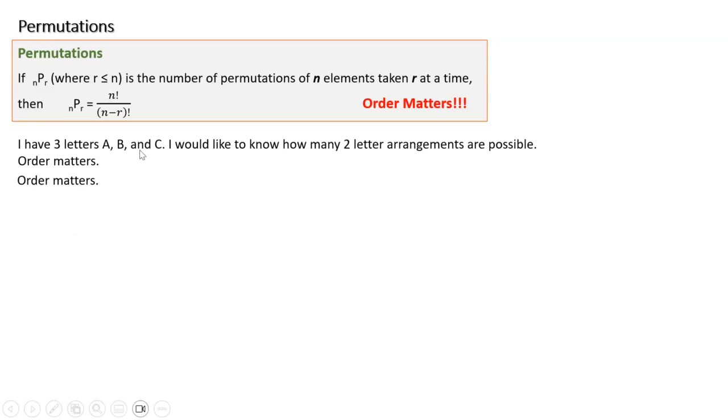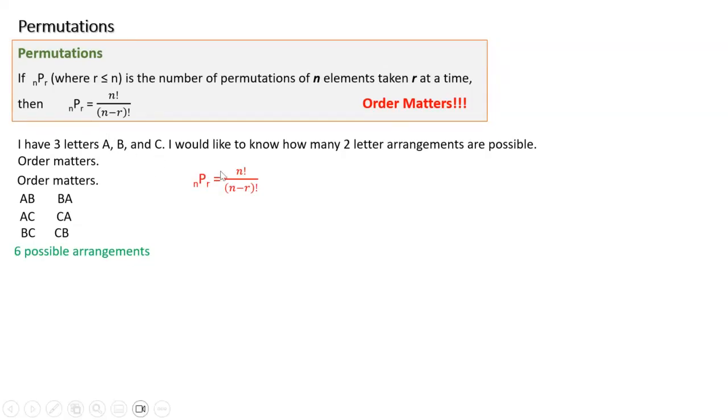So from the 3 letters we have to take 2 at a time. So it can be AB or it can be BA, right? Because here, guys, the order matters. That's why it can be AB and BA. It can be AC or it can be CA. And finally, it can be BC or CB. So there are 6 possible arrangements.